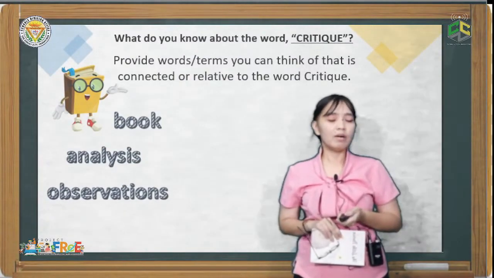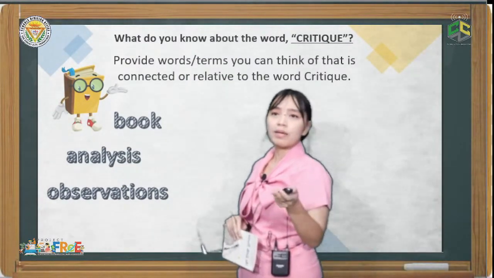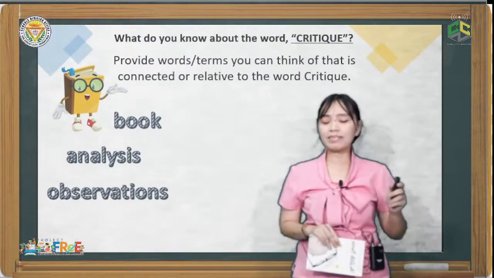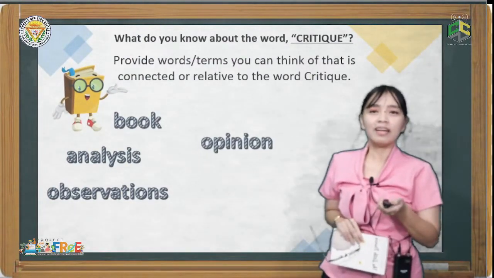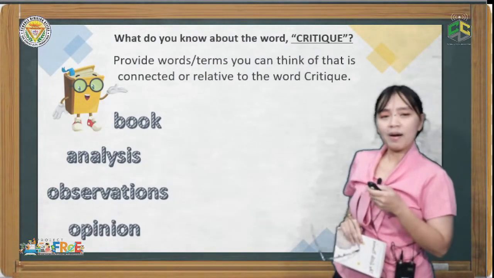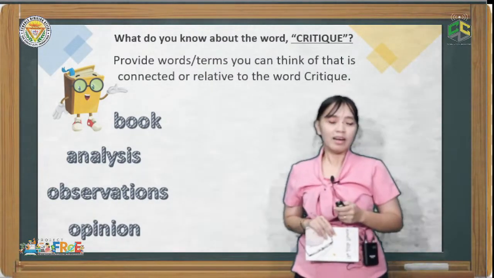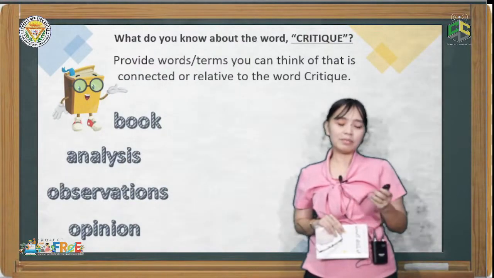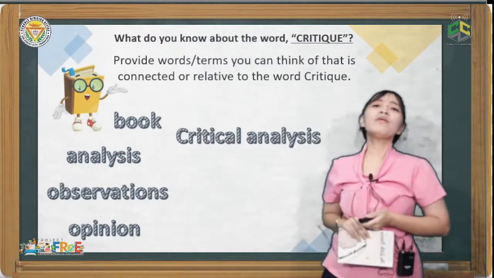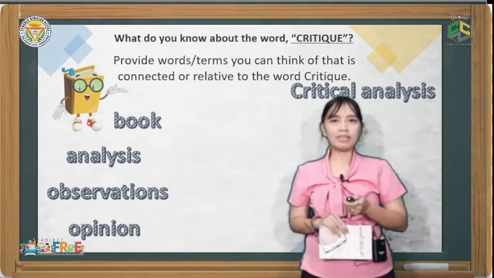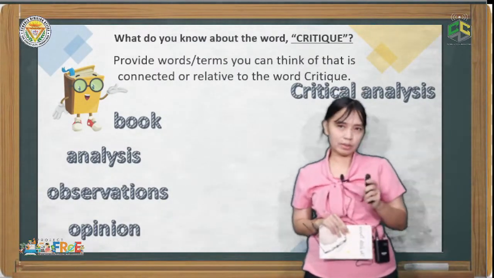Very good. What else? What else? Okay, so I can hear someone saying, ma'am. Okay, so someone was saying opinion. All right, that is very good. Okay, so what else? Come on, keep the ideas coming. All right, so there you go. Very good. Critical analysis. What a big word indeed.